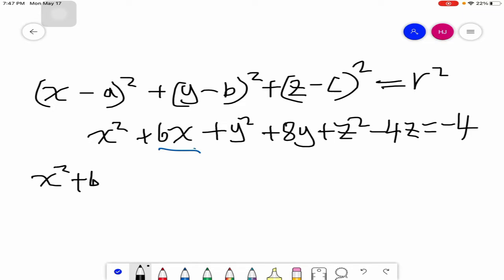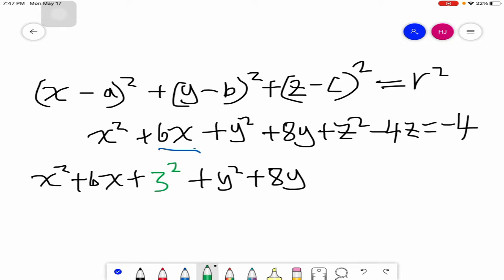So I will complete that square, x squared plus 6x plus 3 squared, and then essentially the same thing for y. So y squared plus 8y, and the other term would be 4, so plus 4 squared.